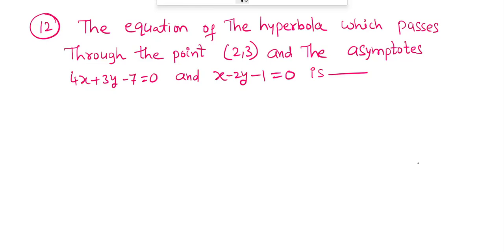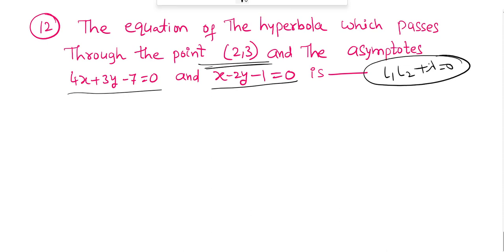The equation of the hyperbola which passes through the point 2 comma 3 and whose asymptotes are 4x plus 3y minus 7 is equal to 0 and x minus 2y minus 1 is equal to 0 is. So the equation of the hyperbola with given asymptotes is L1 into L2 plus lambda is equal to 0.